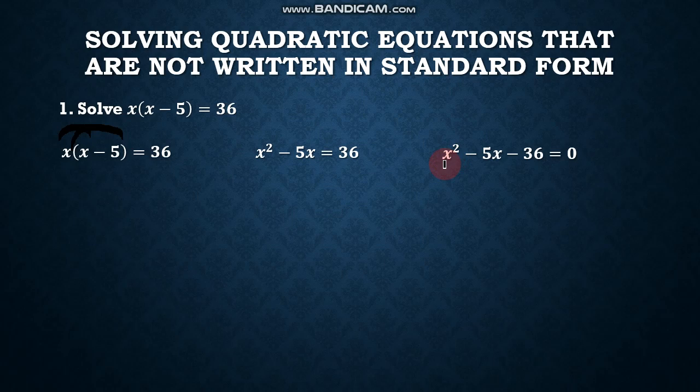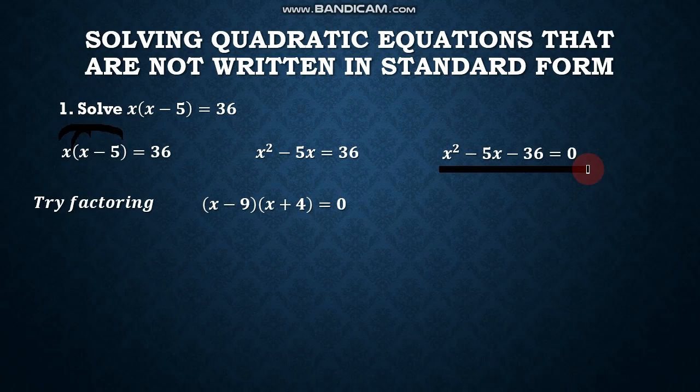Use any of the four methods of solving quadratic equations in finding the solutions of the equation x squared minus 5x minus 36 equals 0. And I'm gonna use factoring. Try factoring. The factors of x squared minus 5x minus 36 equals 0 are (x minus 9) times (x plus 4) equals 0.